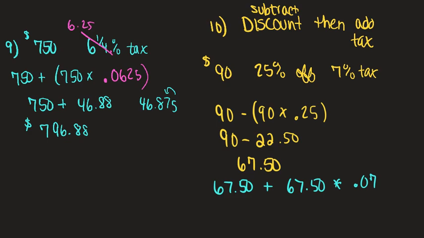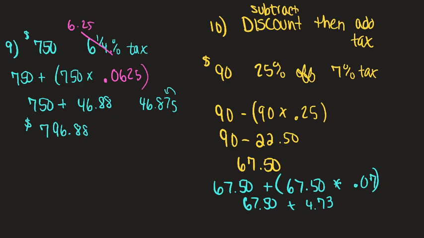Okay, so I've been busy writing. I did 90 minus 90 times the percent. I got $22.50. I took that off of 90 and I got $67.50. Now I use $67.50 to do the tax, and it's a plus sign instead of a minus sign. 7% is 0.07. So $67.50 plus $4.73.